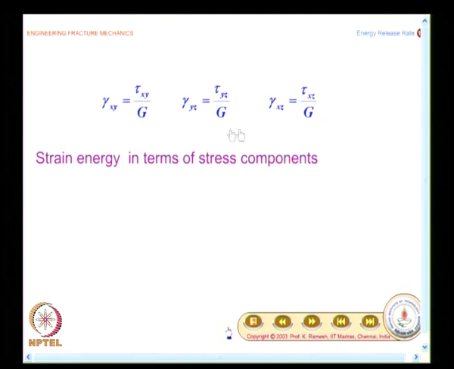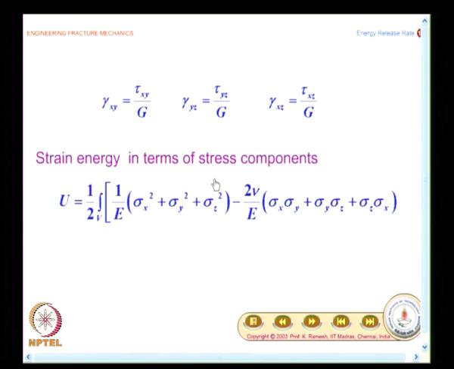So, when I use these, I can get the strain energy in terms of stress components, and that reads like this.